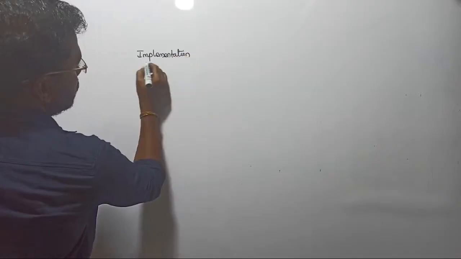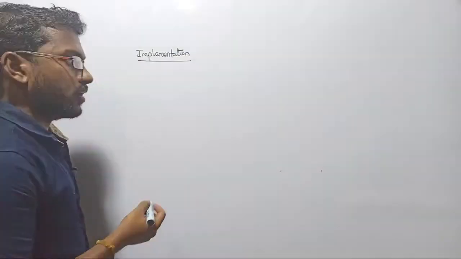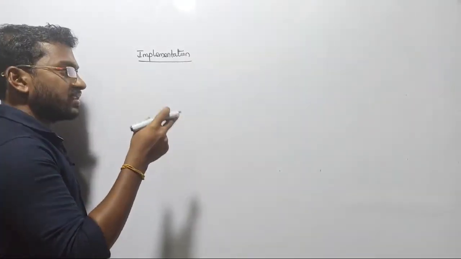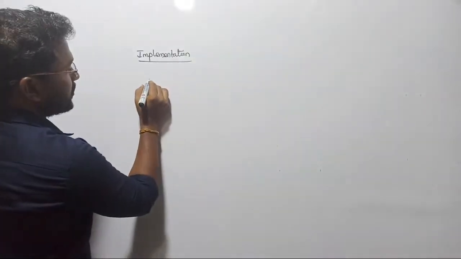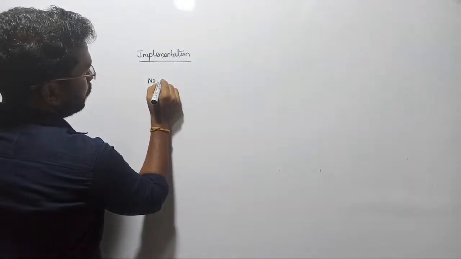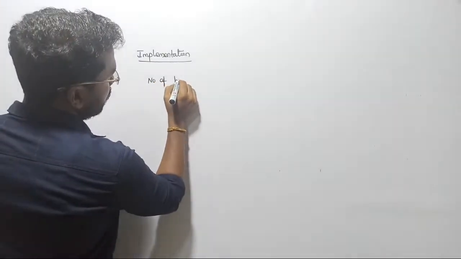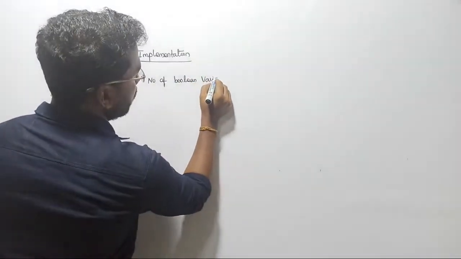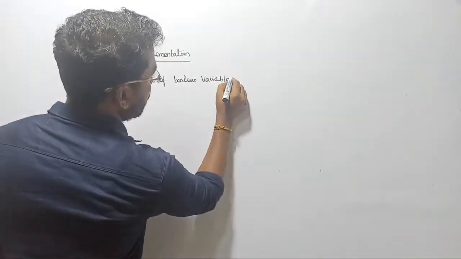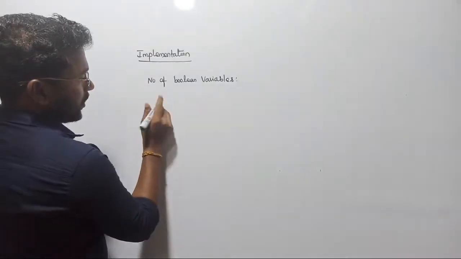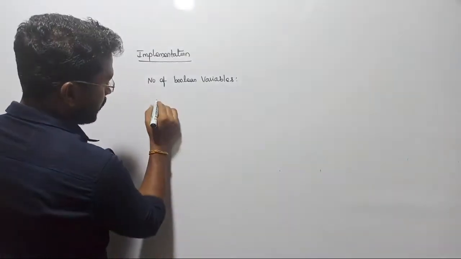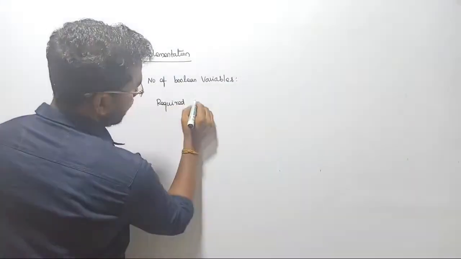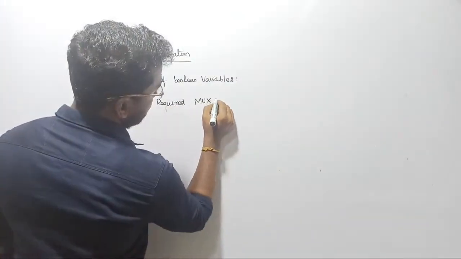What you need is the relation between the number of Boolean variables and the required mux. So let us see the relation between the number of Boolean variables and the required mux, multiplexer.